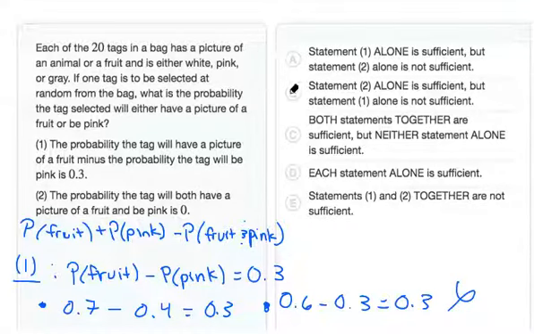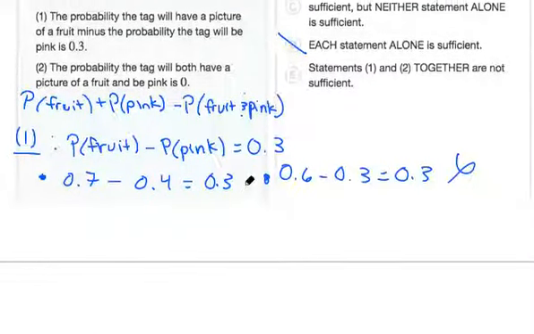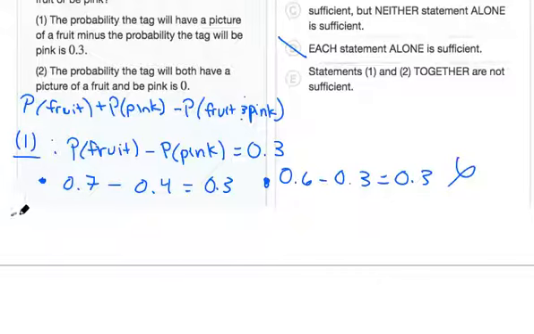And we can eliminate answer choices A and D. Moving on, let's consider statement 2. Scrolling down for some more space, for statement 2, the probability the selected tag will have a picture of a fruit and be pink is 0.